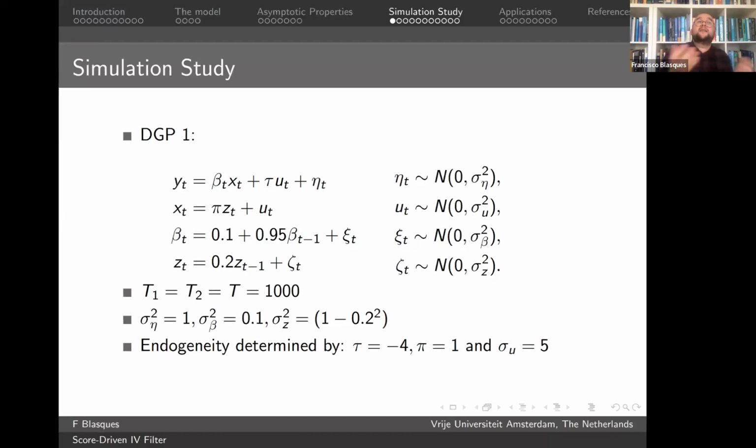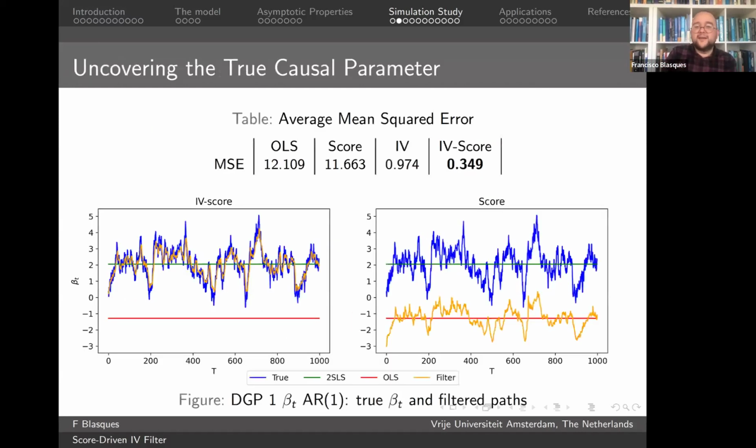So what if you ignore the endogeneity part and you just apply your usual score filter without doing this two-step IV type approach? And what happens if you do apply the steps that we just recommended before? And we have some simulation results.